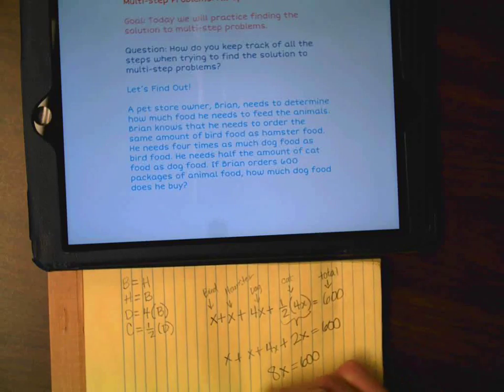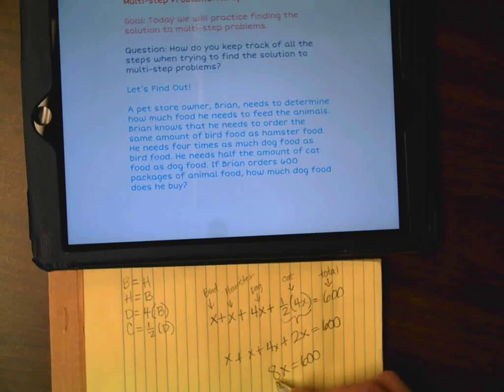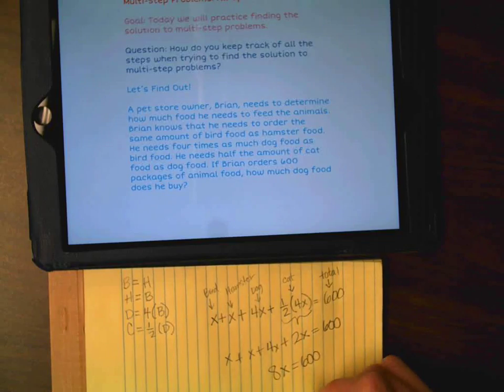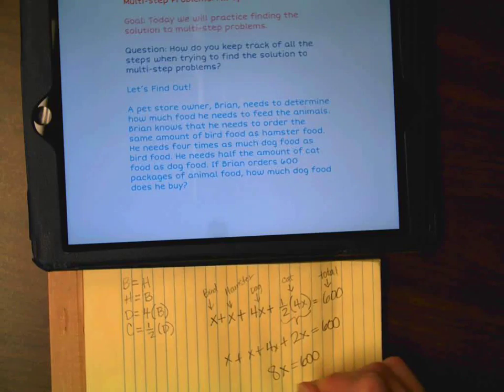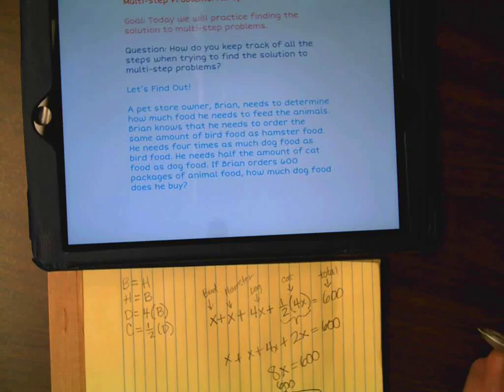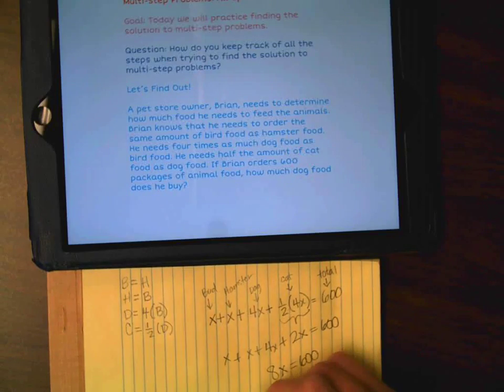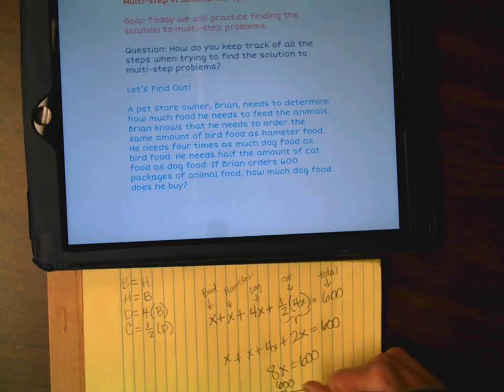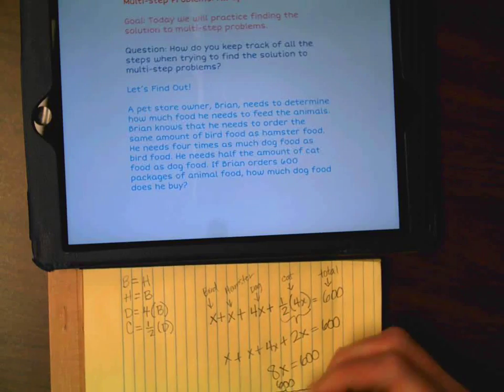So we know we need a tape, right? And inside our tape it says 8 of x. So I know that I have to cut my tape into 1, 2, 3, 4, 5, 6, 7, 8 equal sections, and that all of them added together gives me 600. And then I know that inside here, each one of these is x because it says I have 8 x's.